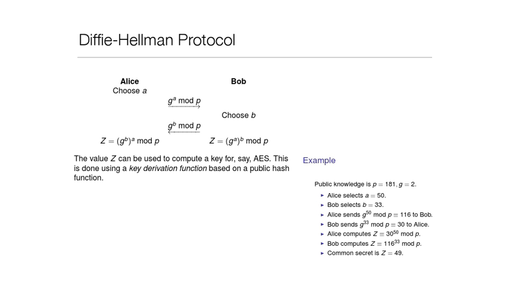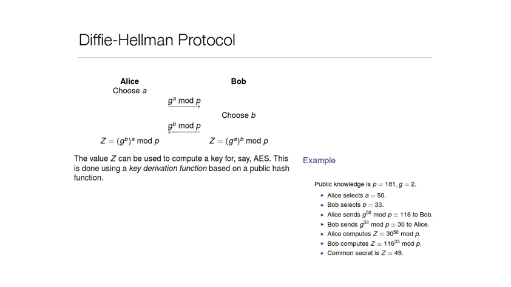Bob chooses B and sends G to the power B mod P. Once Alice gets this G to the power B mod P, Alice can compute that value to the power A. Bob can compute using the value he gets from Alice to the power B mod P. Alice doesn't know the B value, Bob doesn't know the A value. Alice only knows A, Bob only knows B. But finally, both of them compute the same value.